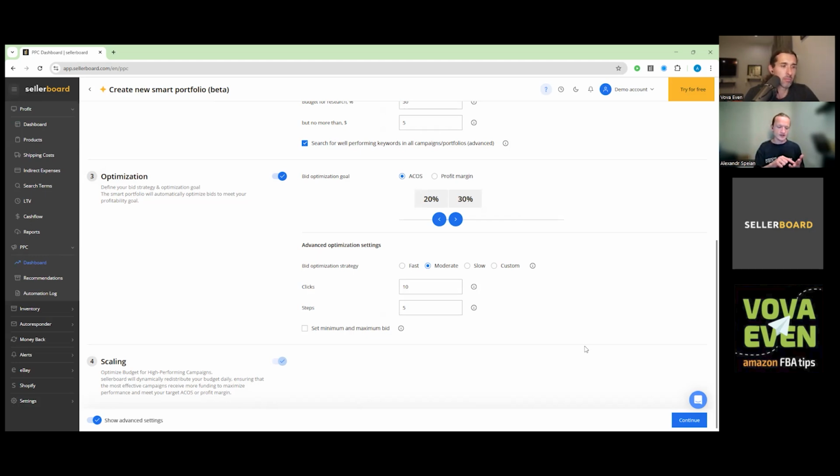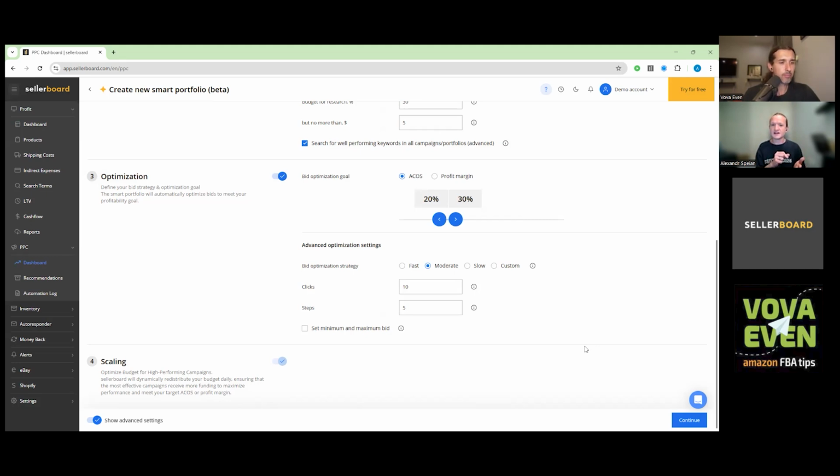We know the other expenses, the Amazon fees that are there. Based on that, we know the advertising cost. I mean, we know how much that keyword spent to get that sale. So this is how we calculate the margin for the keyword. Every keyword has its own margin. And vice versa, we can go with the ACoS.